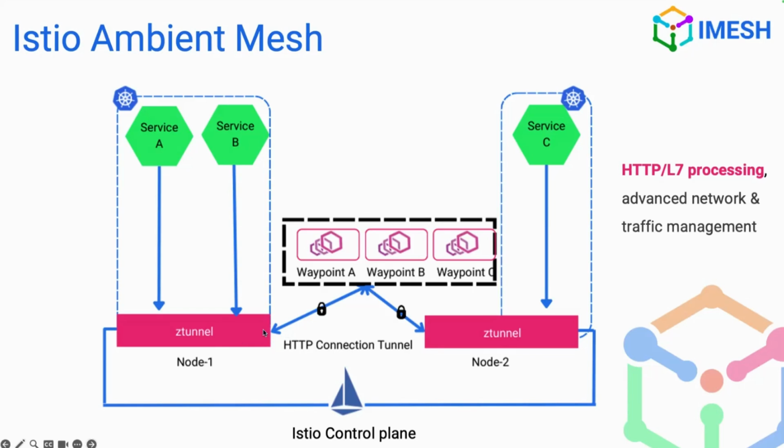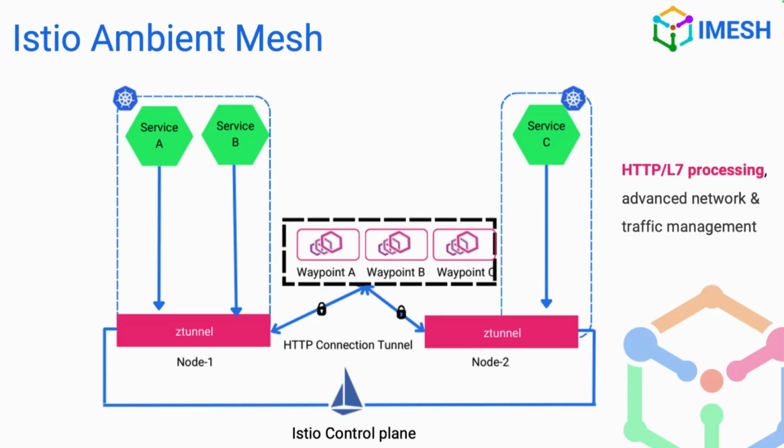And if we want to process anything extra, like L7 layer processing, then we can deploy waypoint, the same way we were doing earlier. So ztunnel works at layer 4. It means the mTLS and all is taken care of at the ztunnel level. We need not worry about that.